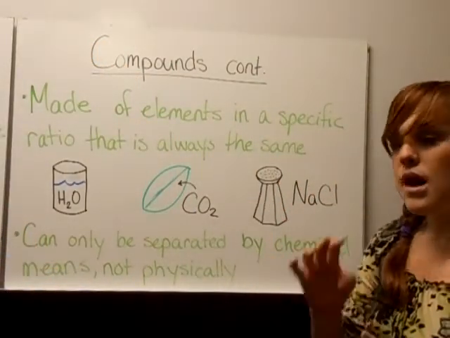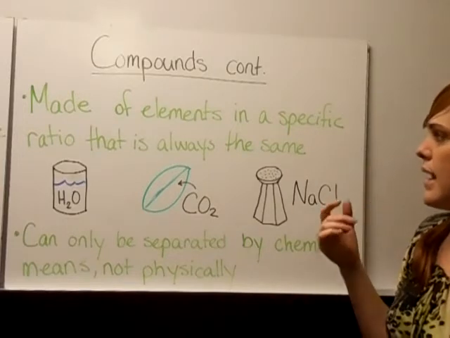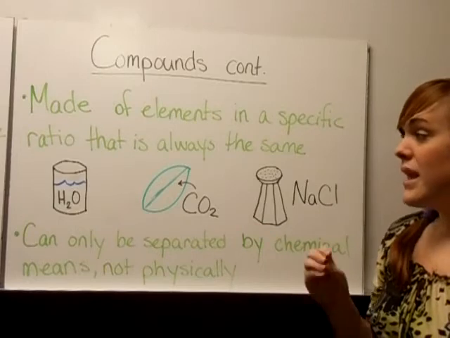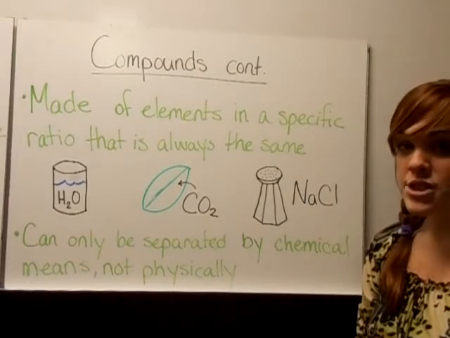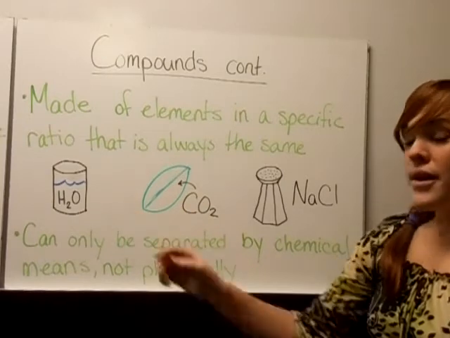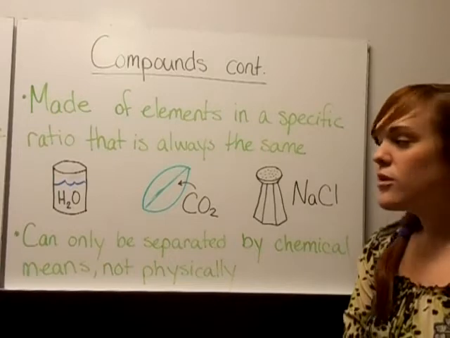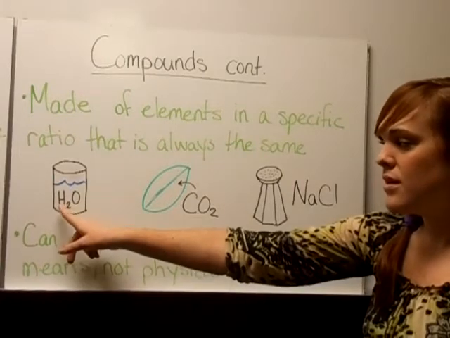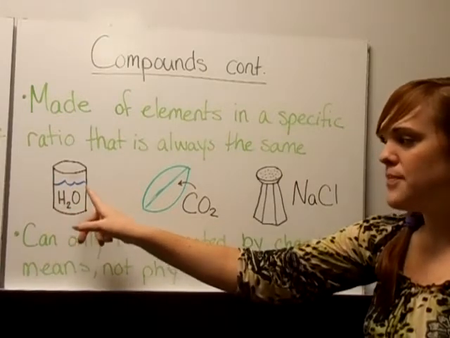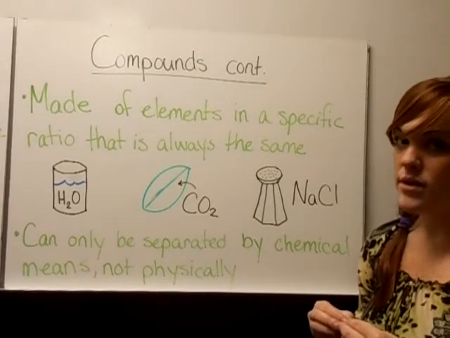A little bit more about compounds, you don't need to have this part written down, is that it's made of elements in a specific ratio that's always the same. Water, most of us know as H2O, which means there's 2 hydrogen atoms and 1 oxygen atom in every single molecule.